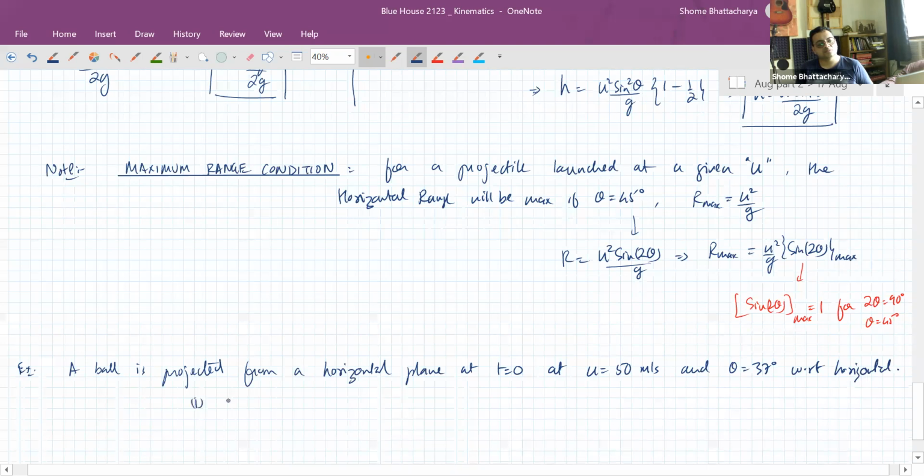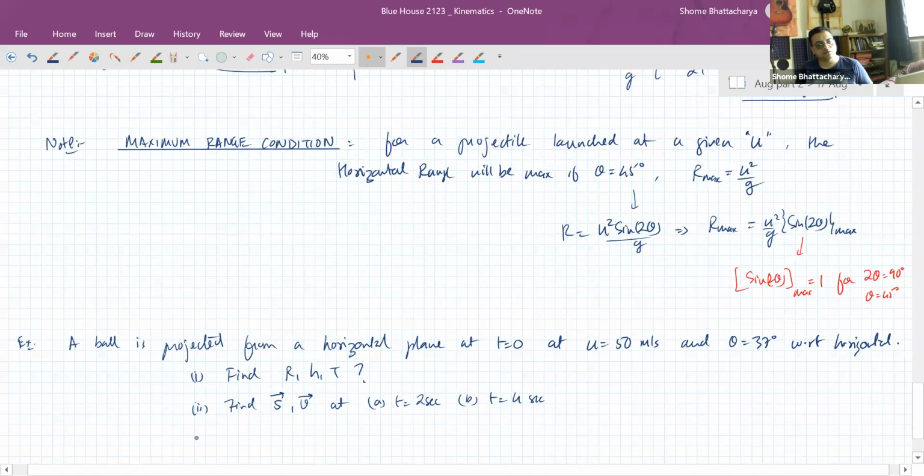So first thing is very simple. We'll use the formula to find the range, the maximum height, and the time of flight. Second thing is we'll find the displacement and velocity at t equal to 2 seconds and t equal to 4 seconds.